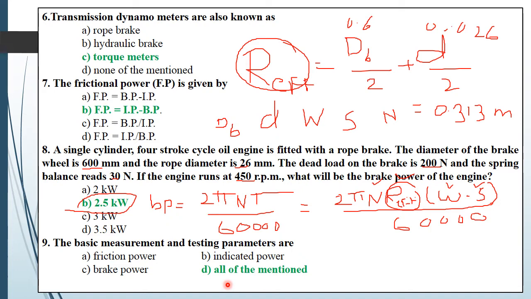In the power output, friction power, indicated power and brake power all come in. Besides power output, there are many other parameters, for example mechanical efficiency, specific output, volumetric efficiency, air fuel ratio, specific weight, brake specific fuel consumption, mean effective pressure. Many of these parameters are also measured in the testing of the engine. But for this question, all of these are basic measurement and testing parameters. So the answer is all of the mentioned.